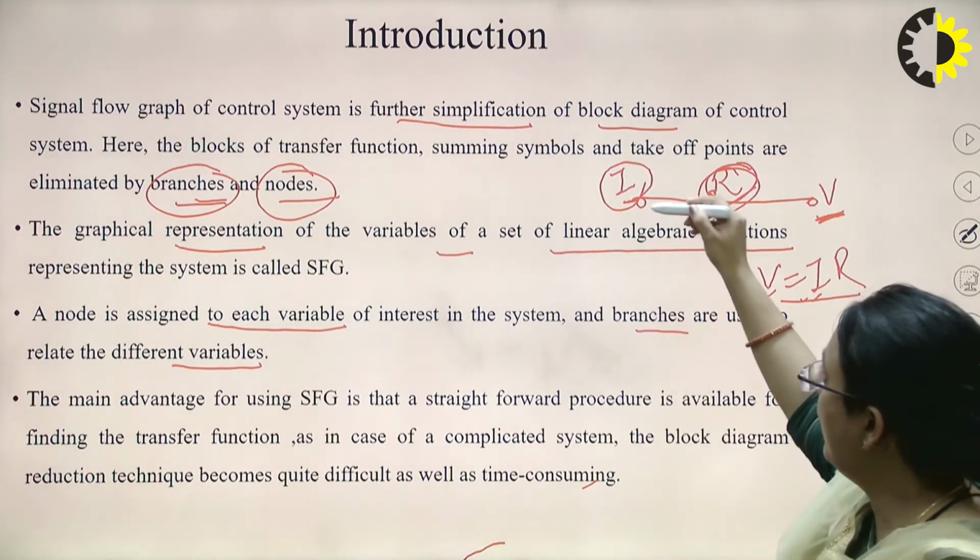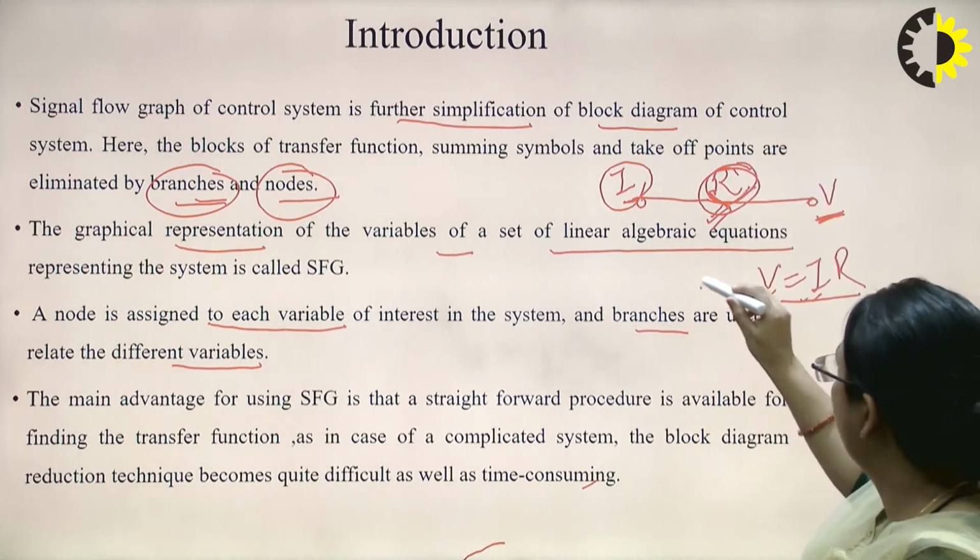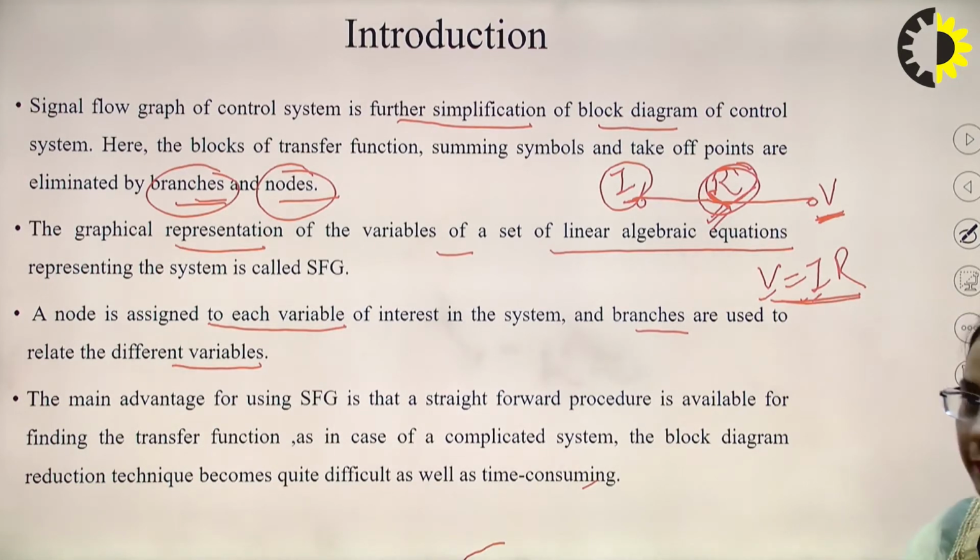So signal I gets multiplied with R and it becomes V = IR.